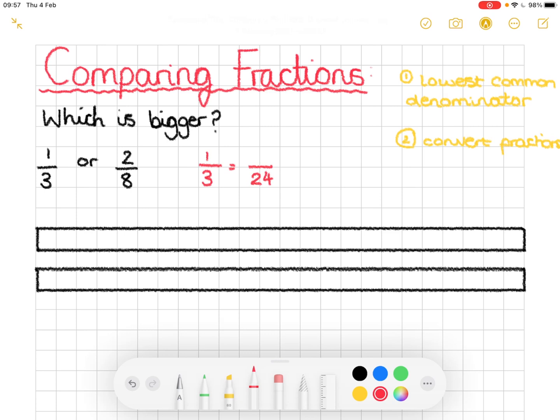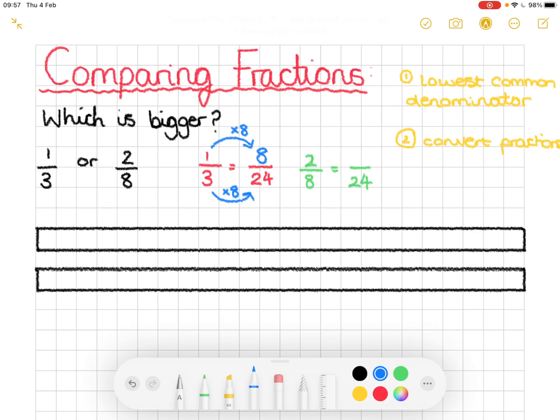So we've created a missing number, and we know how to solve that. And we know that 2/8 is something over 24. Now we know what we do to the bottom we must do to the top. So 3 times 8 makes 24. So you're going to multiply 1 by 8. 1 times 8 is 8.